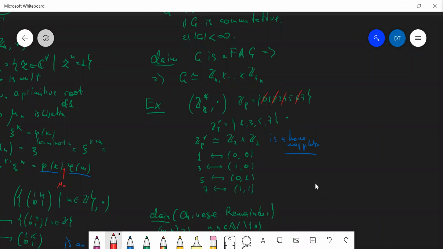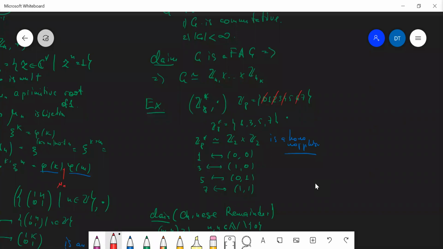We map 1 to (0, 0), 3 to (1, 0). Why don't we, for example, map 3 to 0? Actually, this is not the only option. There are three different options. I just wanted to say that there is at least one isomorphism, and here is an example of an isomorphism. But you're right, there are two other examples of isomorphism. It's not unique.